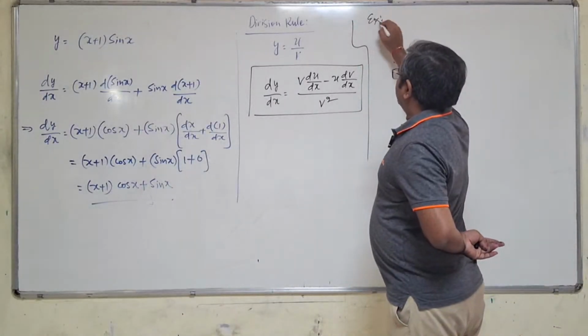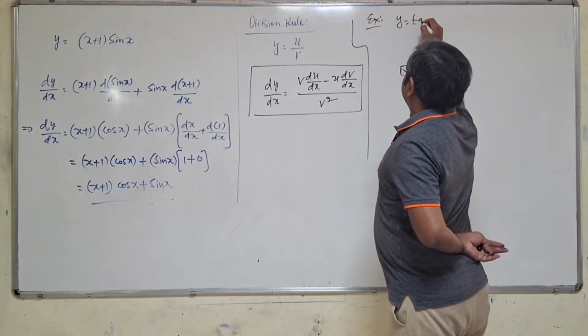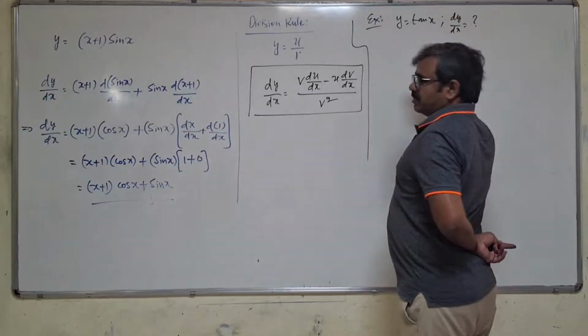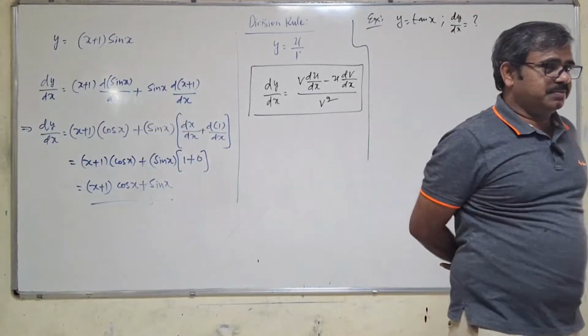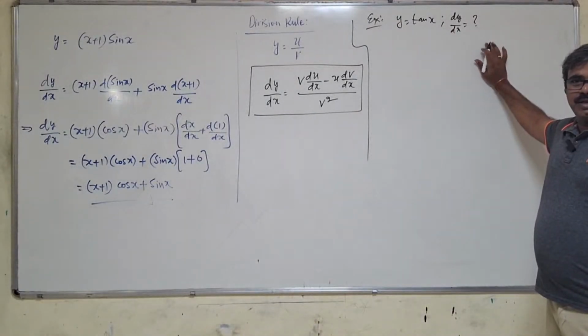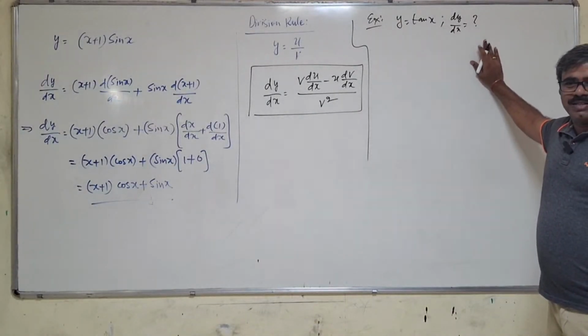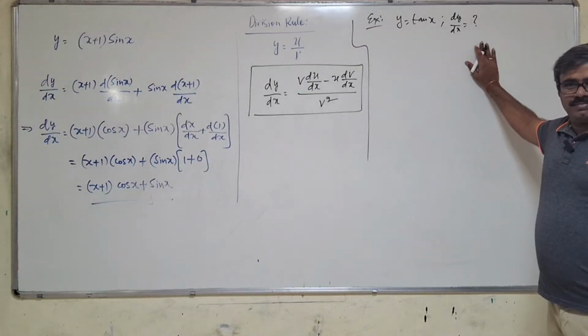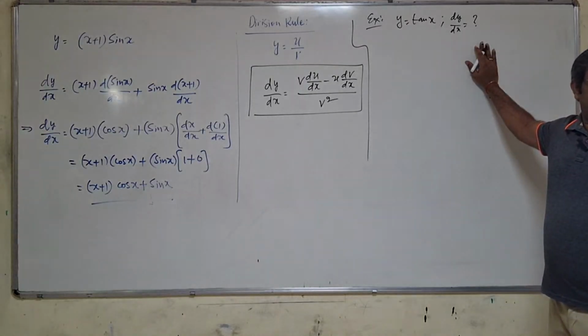Let's look at an example. Y is equal to tan x, dy by dx equal to. We already know this formula. If y is equal to tan x, what is dy by dx equal to? Secant square x, right?